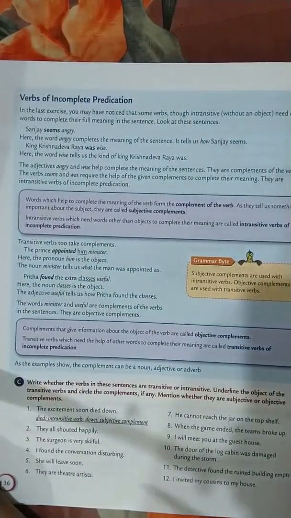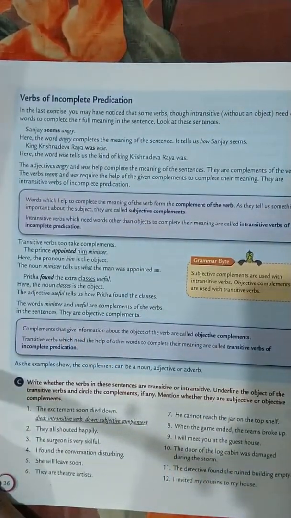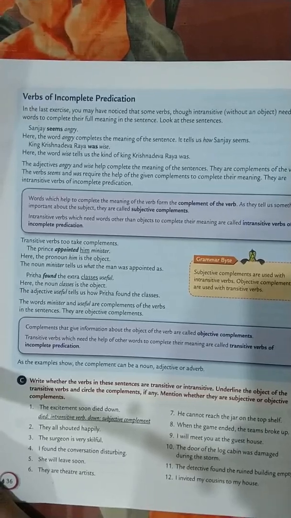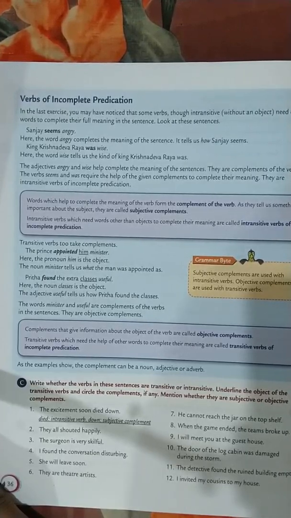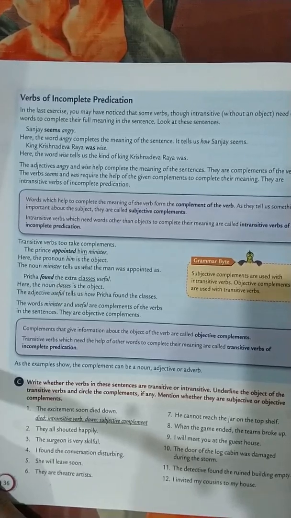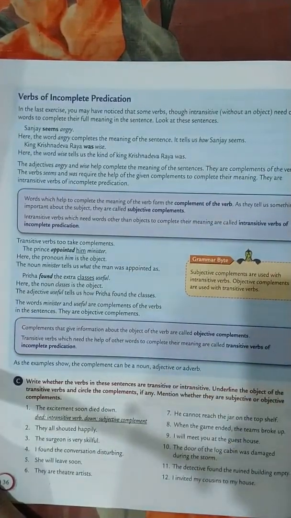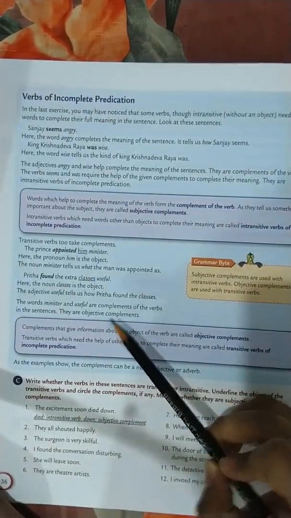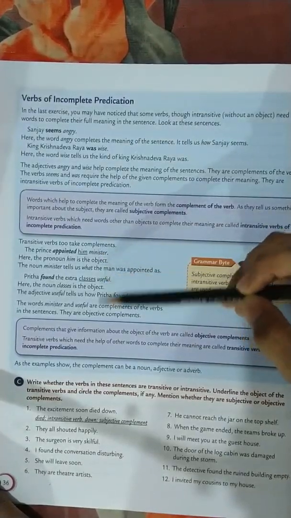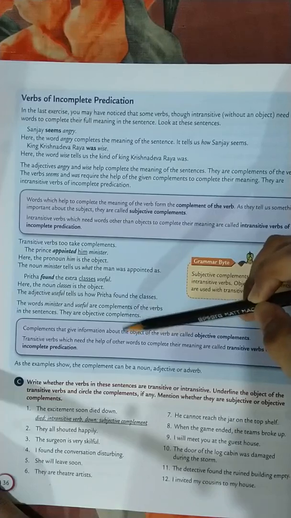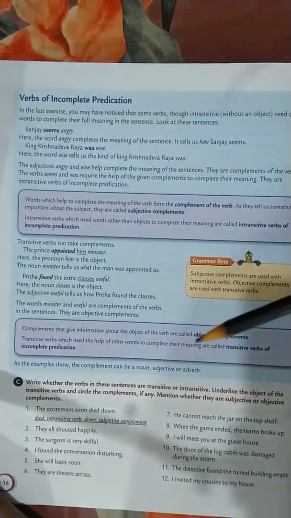Now I will explain what objective complements are. The complements which give information about the object of the verb will be called objective complements. The complements are minister and useful, and they are telling something about the object.